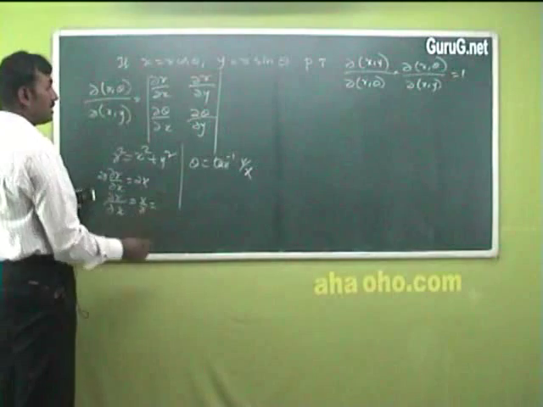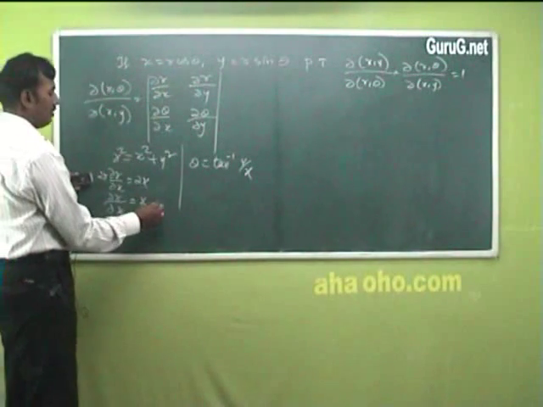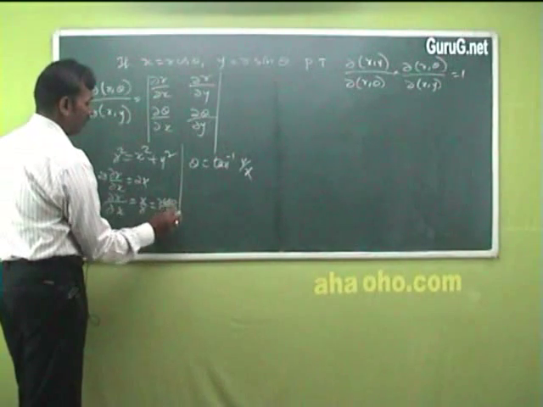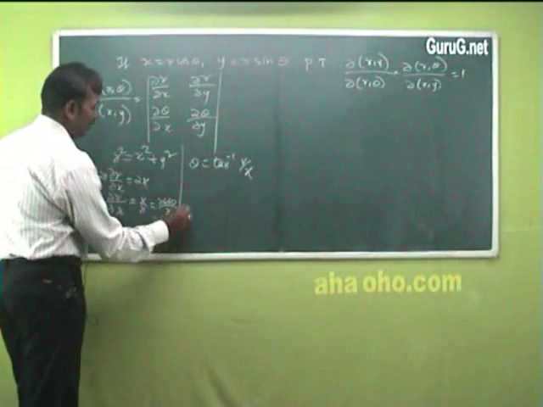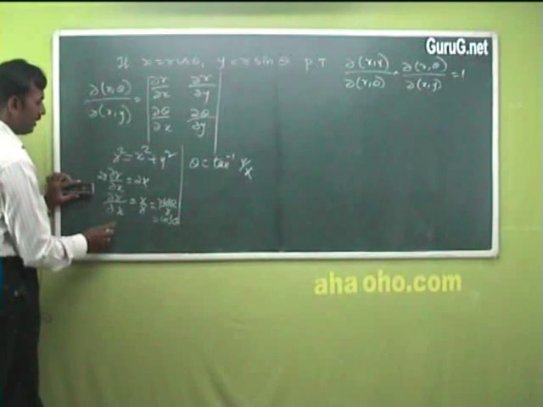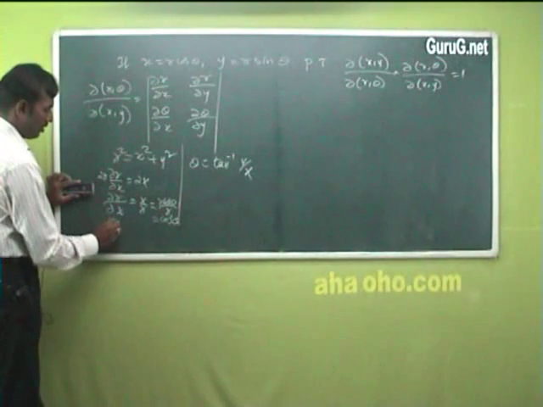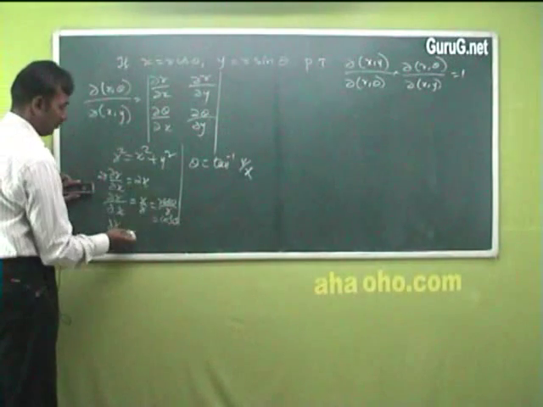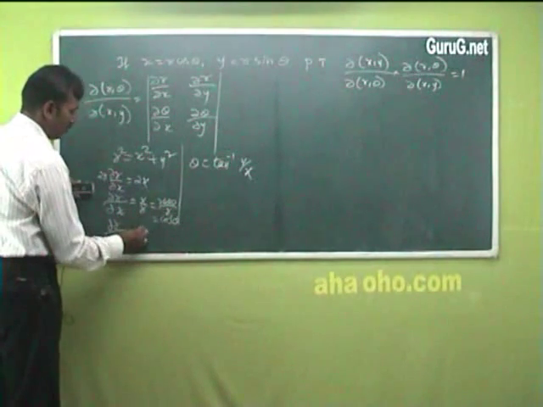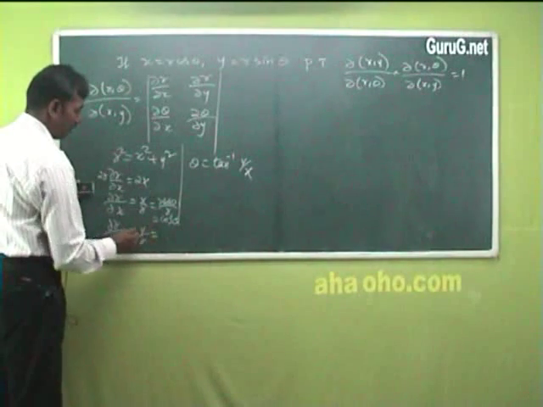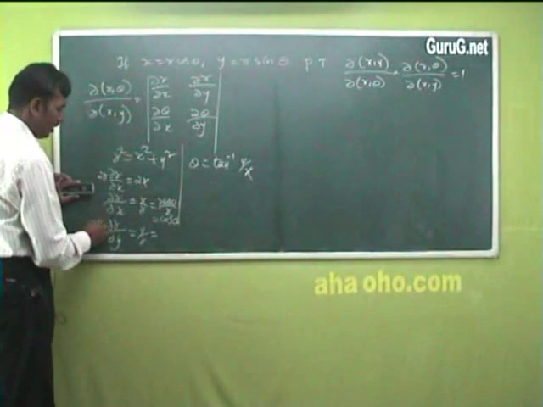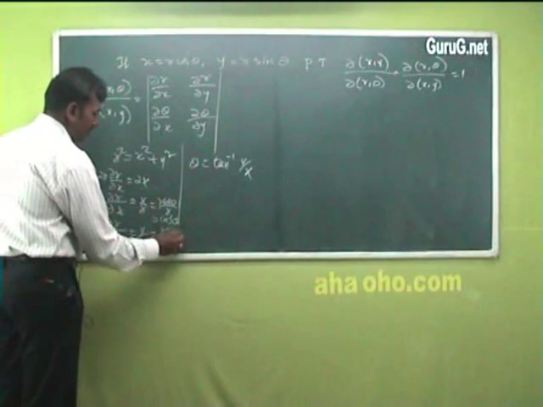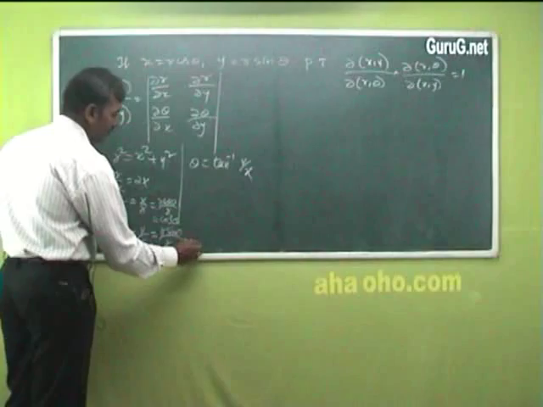So what is x? r cos θ, so r cos θ by r, which is equal to cos θ. Then ∂r/∂y equals y by r, so r sin θ by r is equal to sin θ.